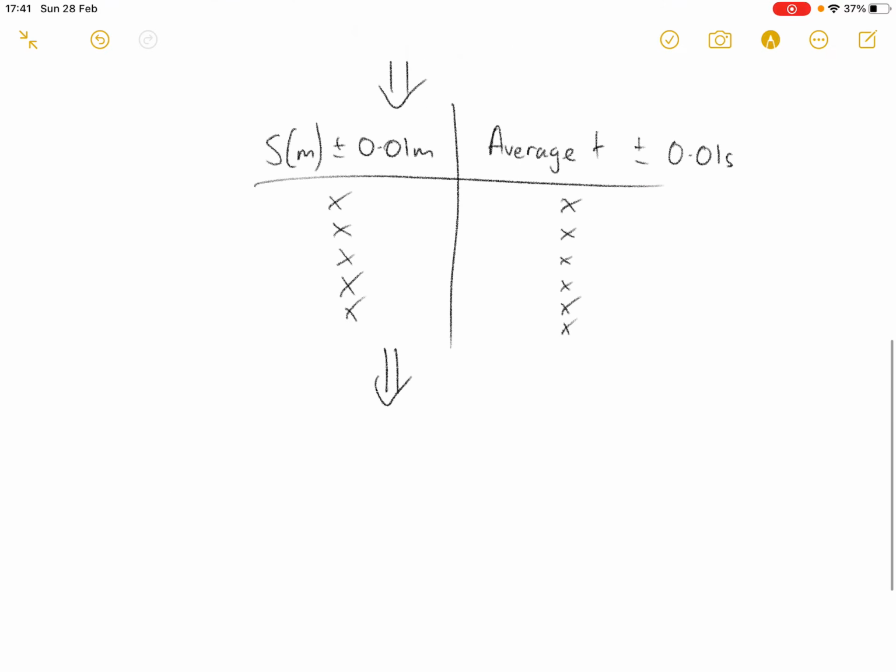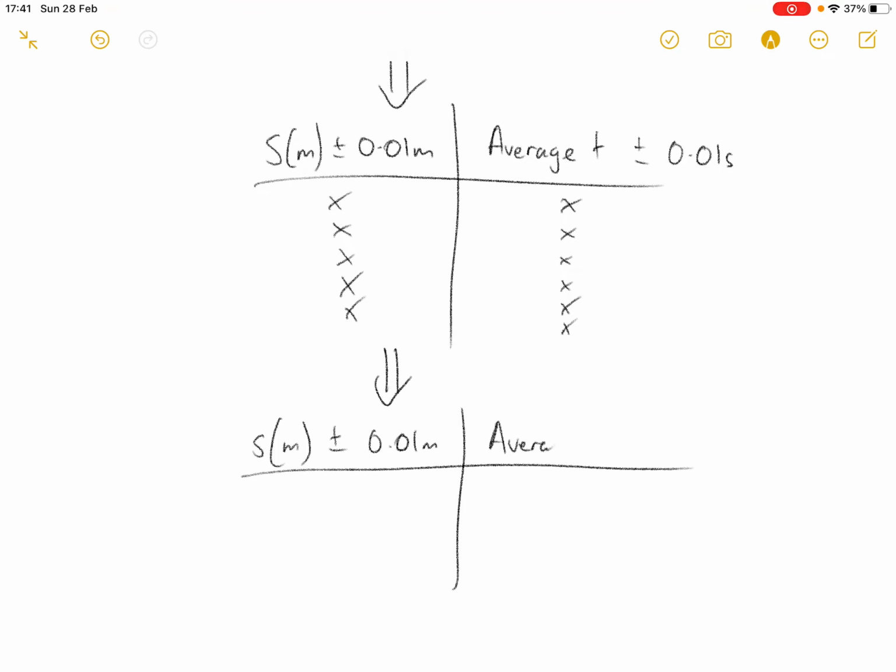So this is where I start processing the data properly. Again, just rewriting displacement from the previous table. Now I have the average time all squared. Okay, now this is where it gets a little tricky, because when you're obtaining t squared, remember that you're taking t and multiplying it by itself.